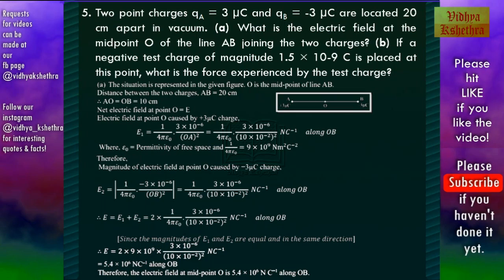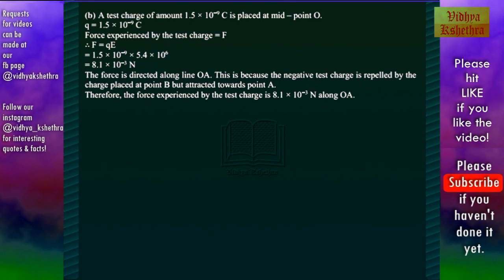Therefore, the electric field at midpoint O is 5.4 into 10 raised to 6 Newton per Coulomb along OB. Now for the second part, which is the B part.